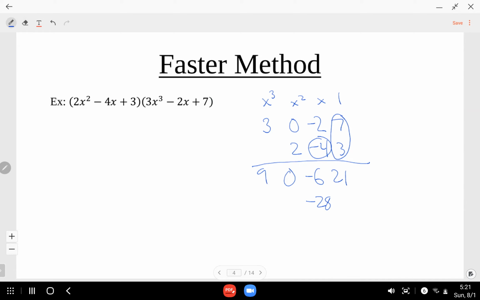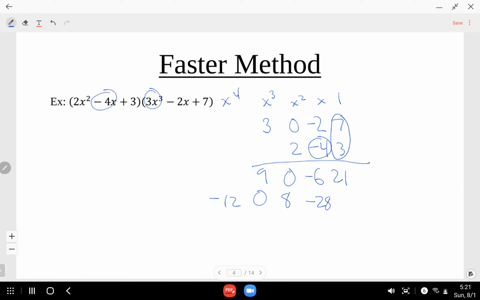And then let's do everything the same. It's going to be 8 here, okay, and 0 here, and then -12. What is -12? -4x times 3x to the third, that's going to be x to the fourth. So let's make a new column.